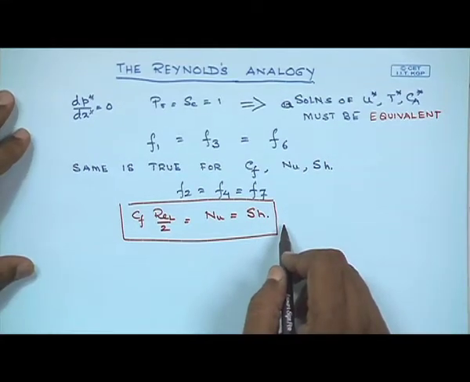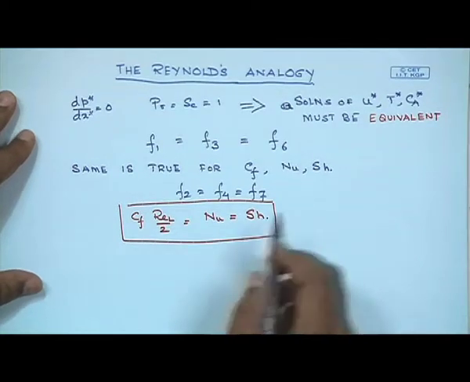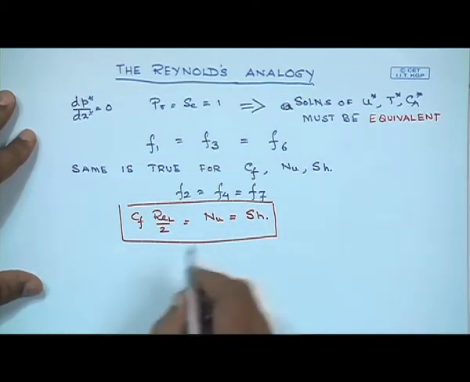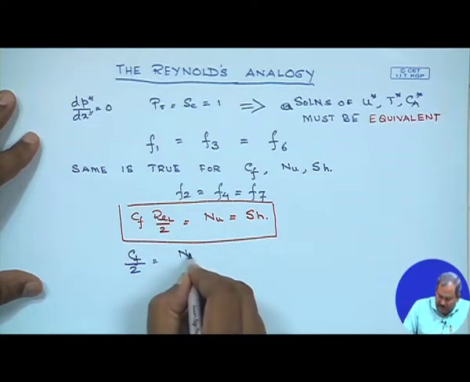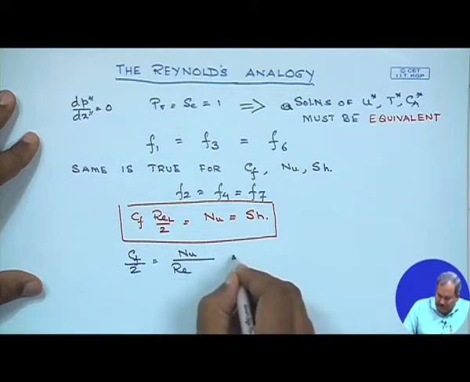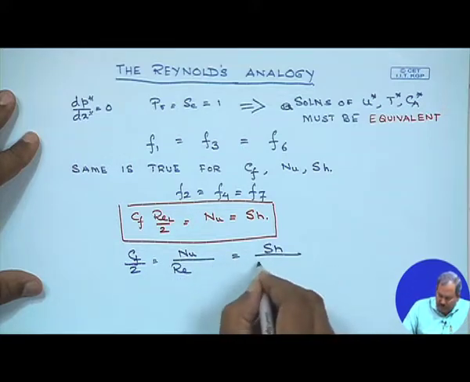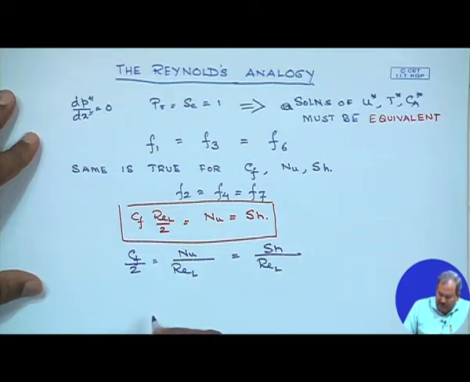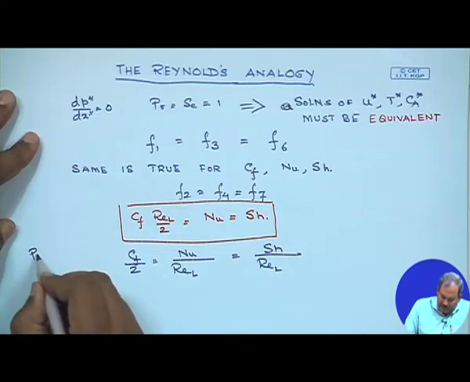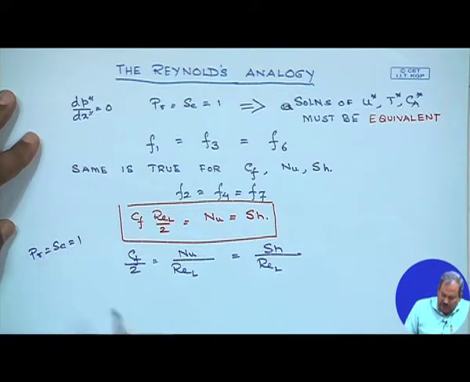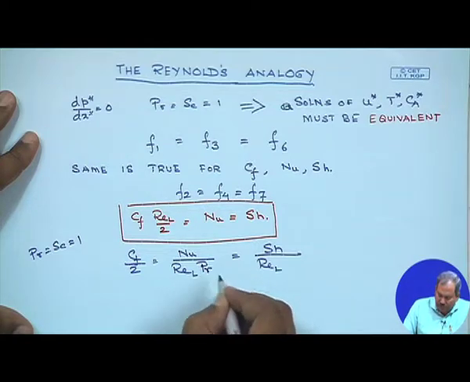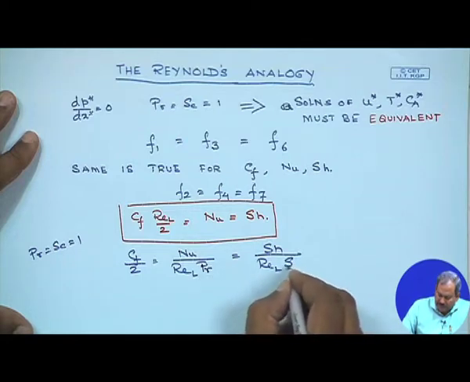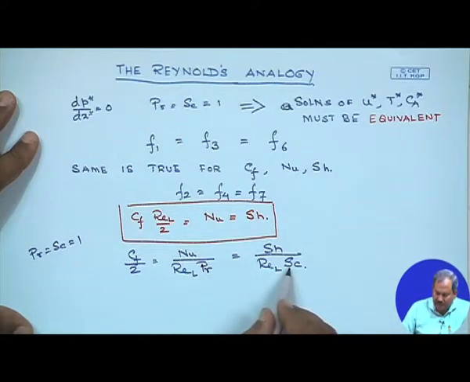Sometimes this analogy is slightly modified, that is, it is expressed as Cf by 2 equals Nusselt by Reynolds equals Sherwood by Reynolds REL, and since we understand that Pr is equal to Sc is equal to 1, therefore the generality of the expression would not be disturbed if I bring in these two terms here as well.